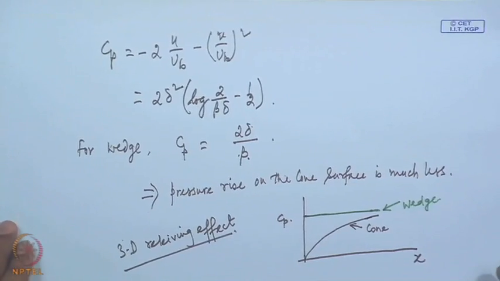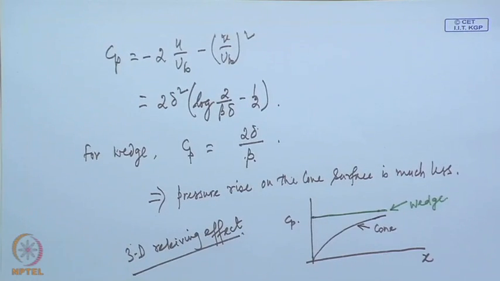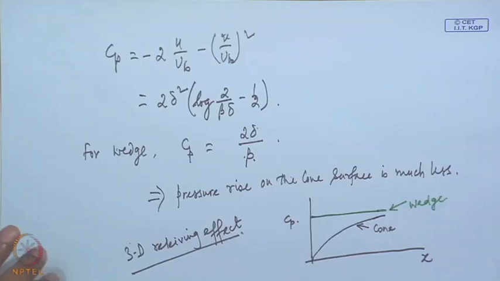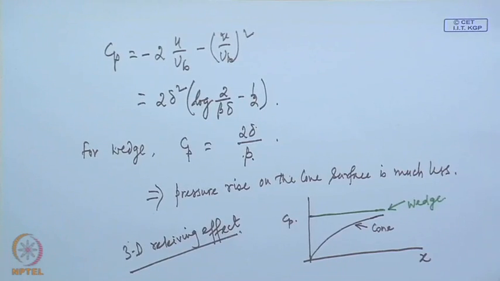That is, in case of a 3 dimensional body, such as a cone, the flow has an additional direction to adjust itself, while in the 2 dimensional case there is no such extra direction, because in the spanwise direction the conditions are the same at all stations. That is the meaning of 2 dimensional flow.